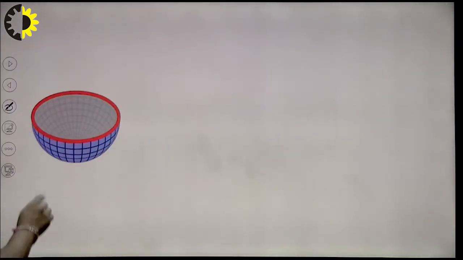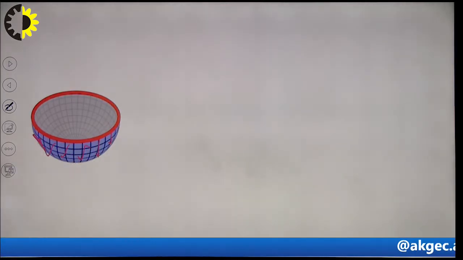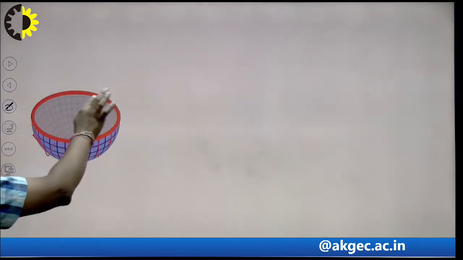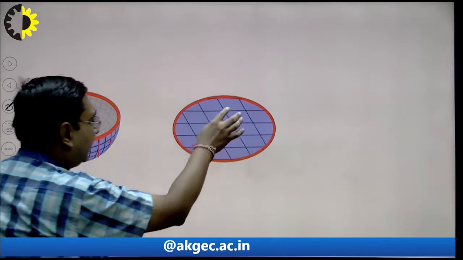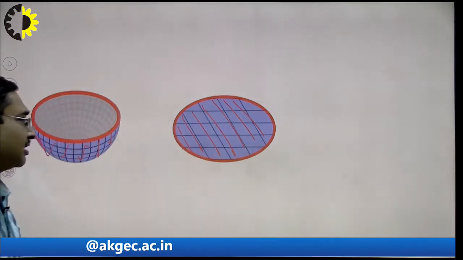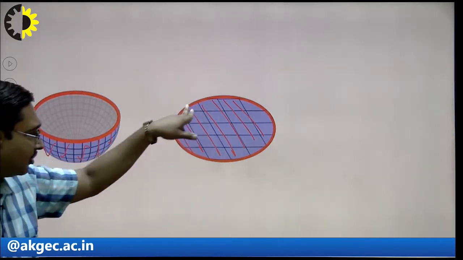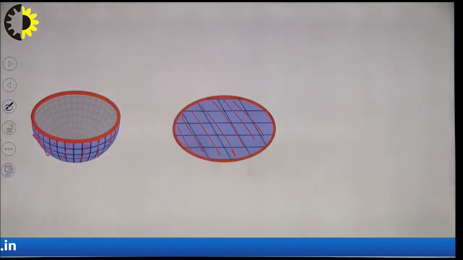Thus, suppose we have this surface of a hemisphere, then for this surface the bounding curve will be this circle. If I have this flat surface covered by this ellipse, then the boundary of this ellipse will be the bounding curve.